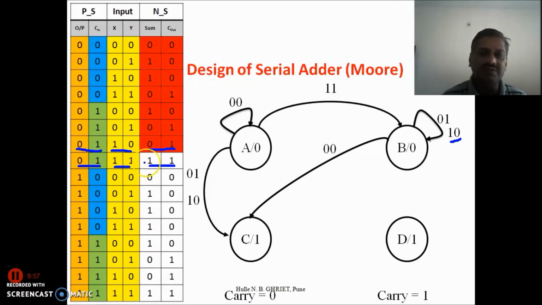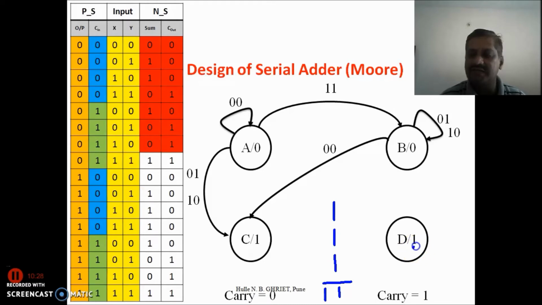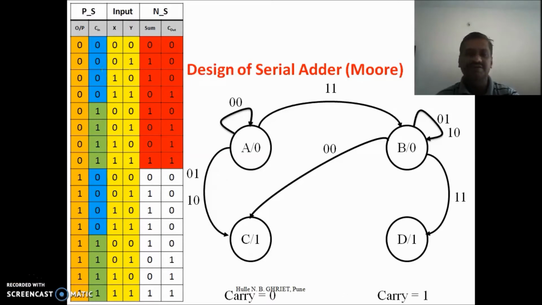Now look at how this 1 1 comes: carry is 1, X is 1, Y is 1, and 1 plus 1 plus 1 is 3, that is sum is 1 and carry is 1, that is 1 1, the D state. Whenever we are in B state and inputs are 1 1, the next state will be the D state.